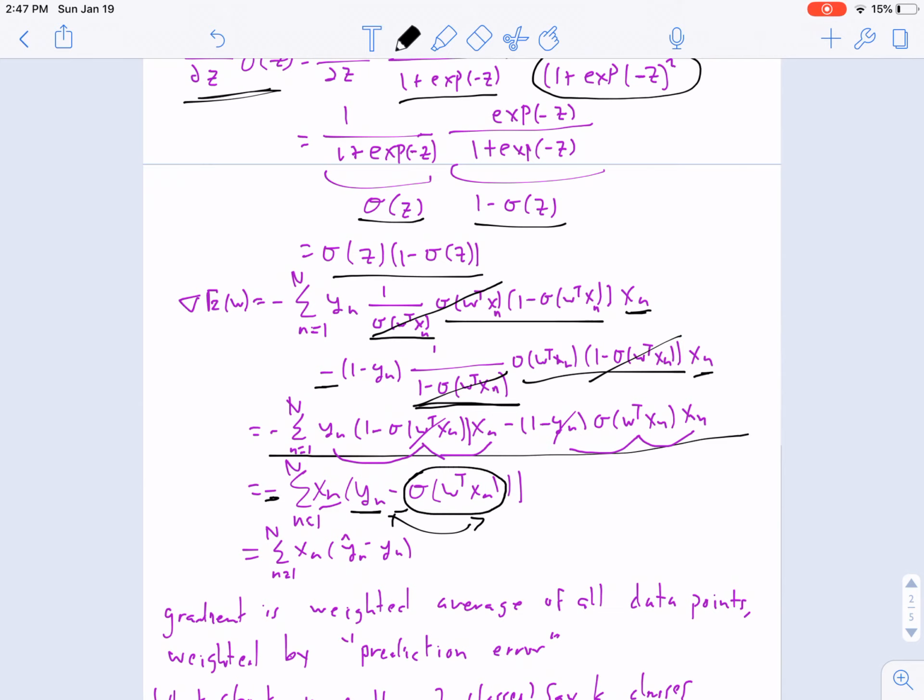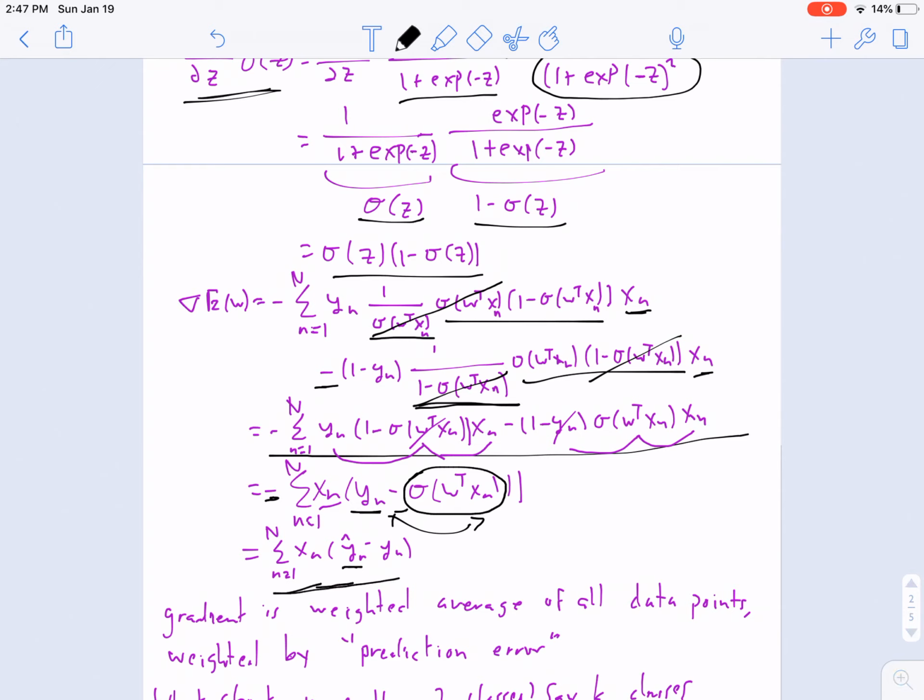So we flip these around and we use y hat n here to denote the estimate, our model's prediction of how likely the nth point is to be in class 1. And so this is actually a fairly interpretable gradient.